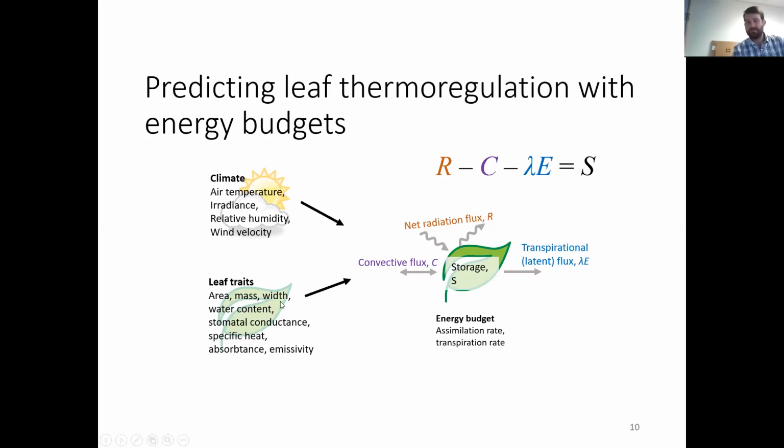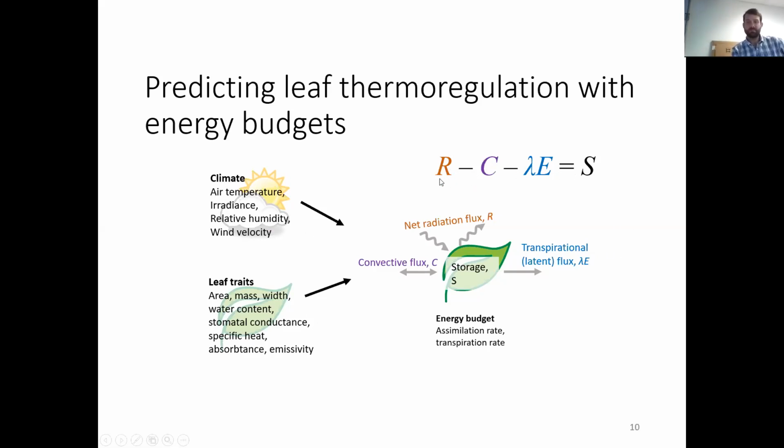So things like area, mass, width, the water content of leaves, stomatal conductance, specific heat, absorptance, emissivity. And we can link these all within these equations that essentially account for energy fluxes in and out of a leaf.